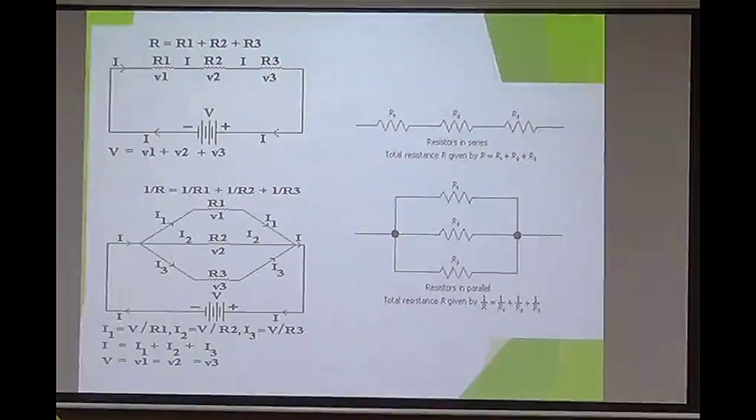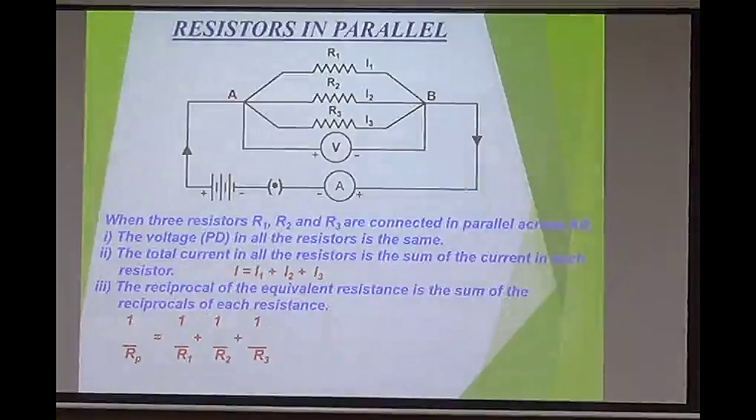Now, there is another kind of combination which is called parallel combination. In parallel combination, we have provided different paths for current to flow. We have put the resistors R1, R2 and R3 one above another. Now the potential difference is same because both the ends of each resistor are in direct contact with a cell or a battery.